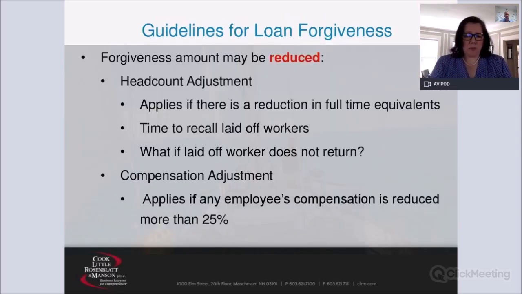And there is a further provision, sort of a safe harbor, that if the full-time equivalent employee decrease is quote unquote eliminated by June 30, for reductions in headcount that occurred between February 15 and April 26, the headcount adjustment won't be made.